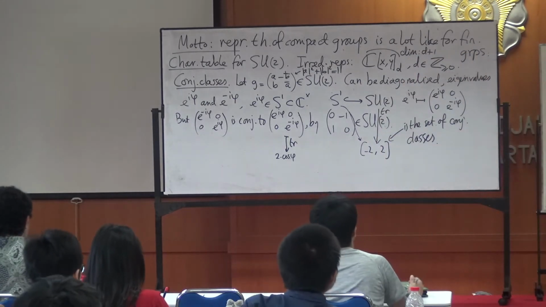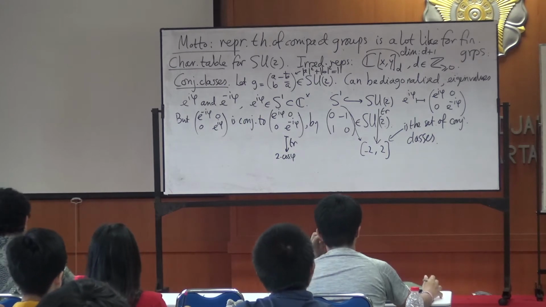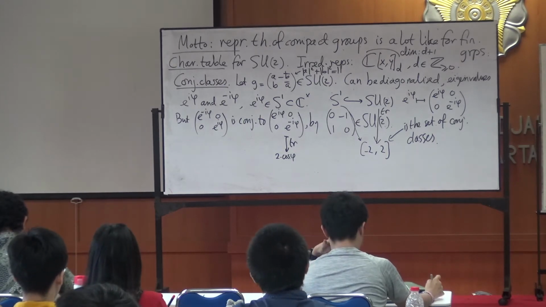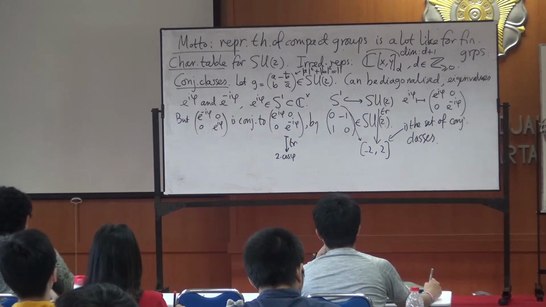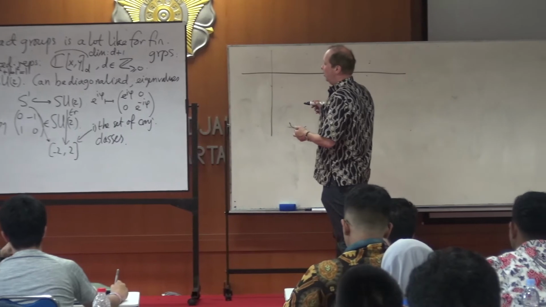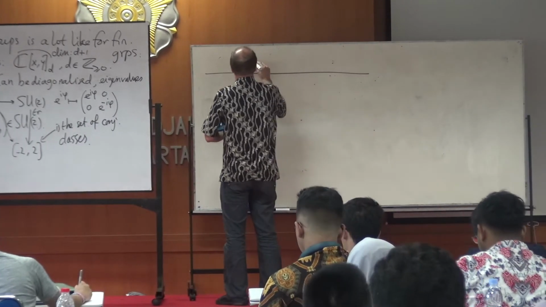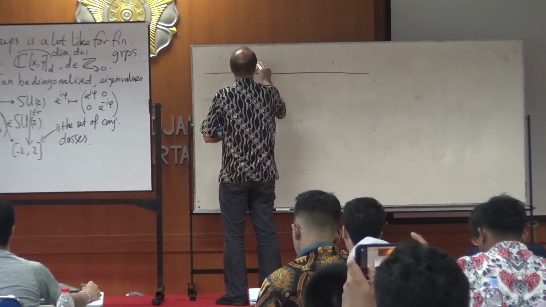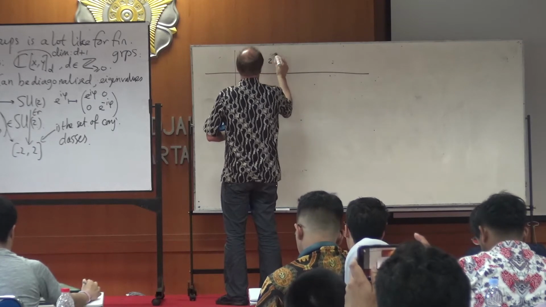Okay, well then we are ready for our character table, right? So here I make it. Well, I don't need to go that far. Here I have the elements -2 to 2, right?